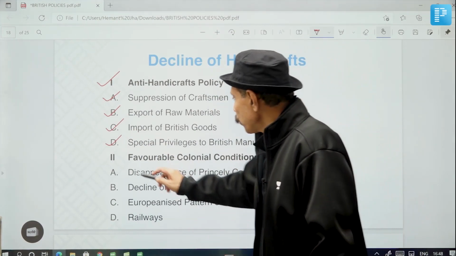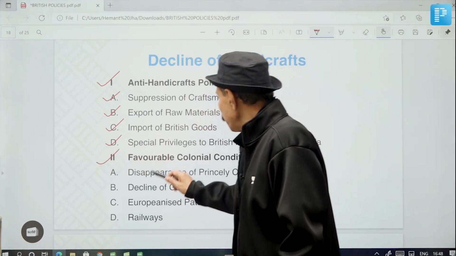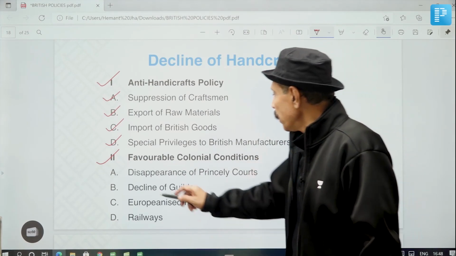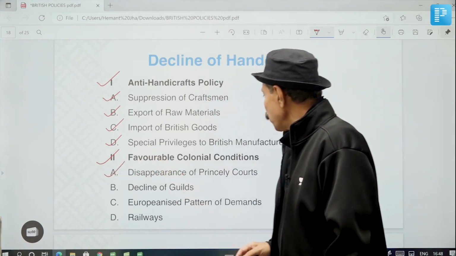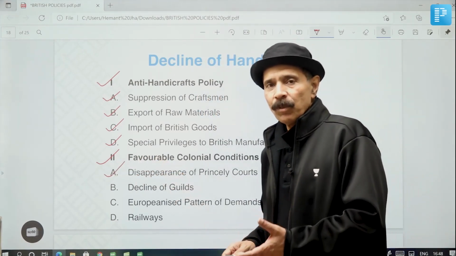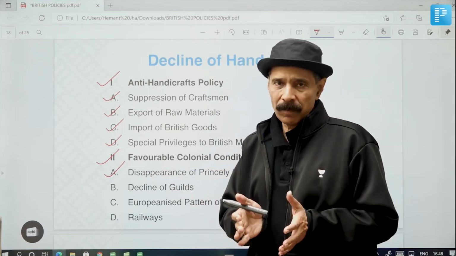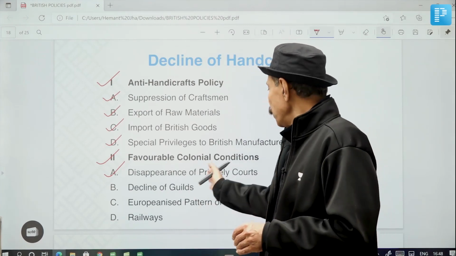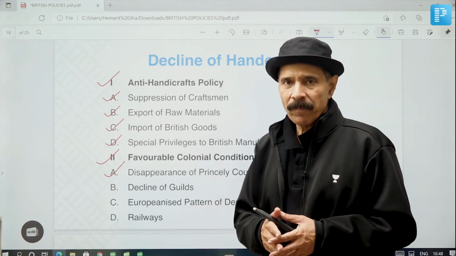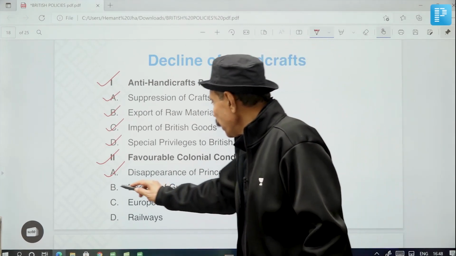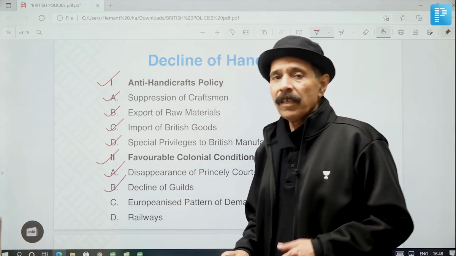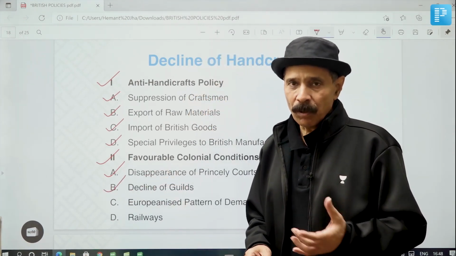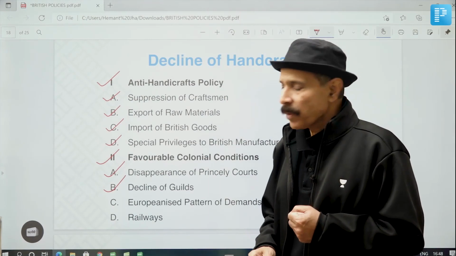And the second force is favorable colonial condition, like disappearance of princely courts. Result of this was the fall of demand that was associated with the princely courts and their members. Second, decline of guilds. Guilds played an important role in organization of craft.